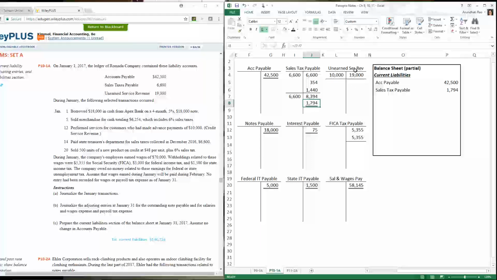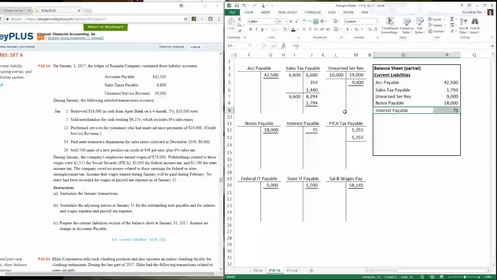Unearned service revenue, one debit, one credit. Take the difference, put it on the larger side, and I have my unearned service revenue at $9,000. Notes payable, there was only one entry, $18,000. Interest payable, only one entry.